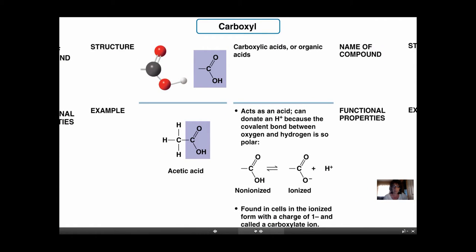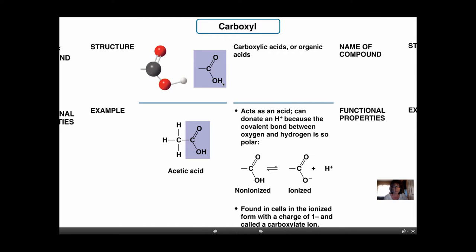A carboxyl, not to be confused with the carbonyl. Unfortunately, they sound so much alike. This is an organic acid, a carboxylic acid. It's an acid because you could gain or lose that hydrogen that's on the end. So a carboxyl is a carbon double bonded to an oxygen, and then it has another OH attached to it.